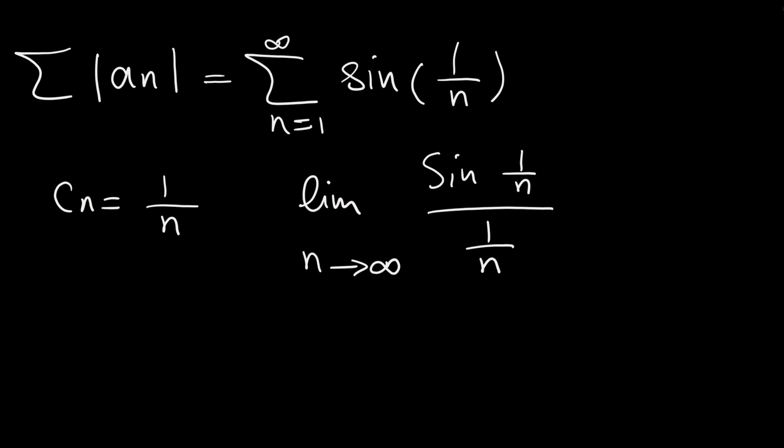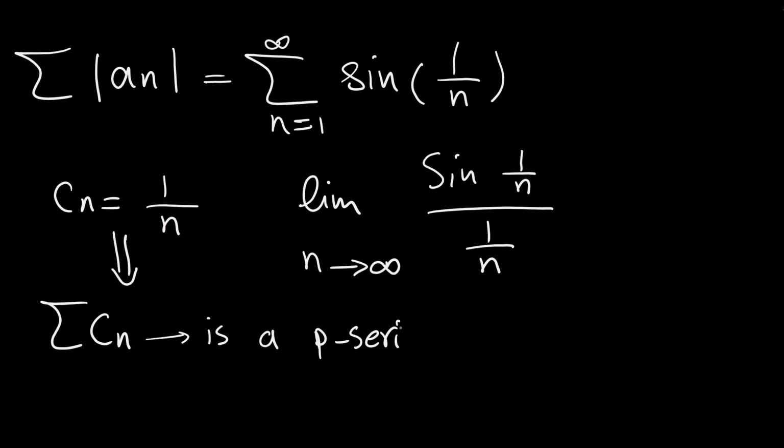If the answer is a constant less than infinity, then the behavior of sigma 1 over n and sigma sine of 1 over n should be the same. Sigma Cn here is a p-series.